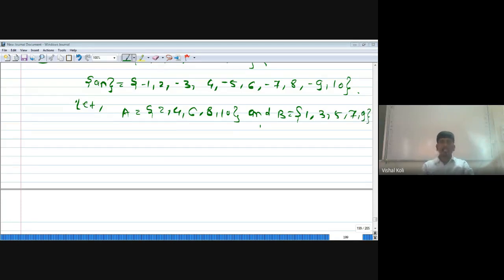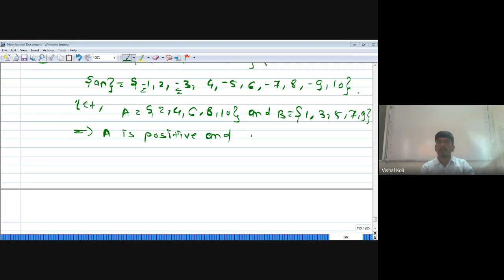Now here the measure of each element of 2, 4, 6, 8, and 10 is positive, and the measure of each of 1, 3, 5, 7, 9 is negative. Therefore, A is a positive set and B is a negative set.